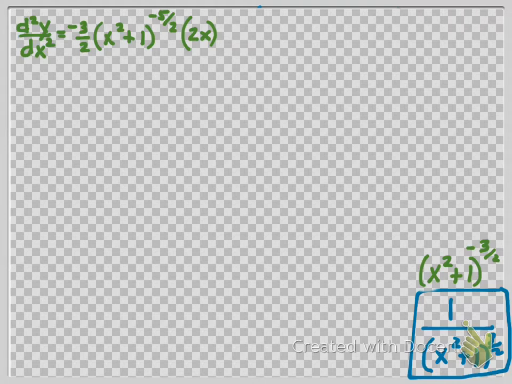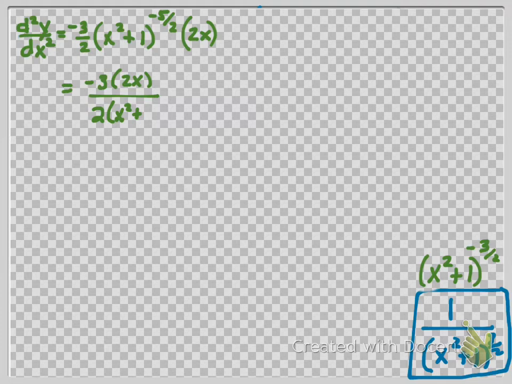All right, so this is negative 3 times 2x in my numerator over 2 times x squared. You can cancel it there, or you can cancel it here.